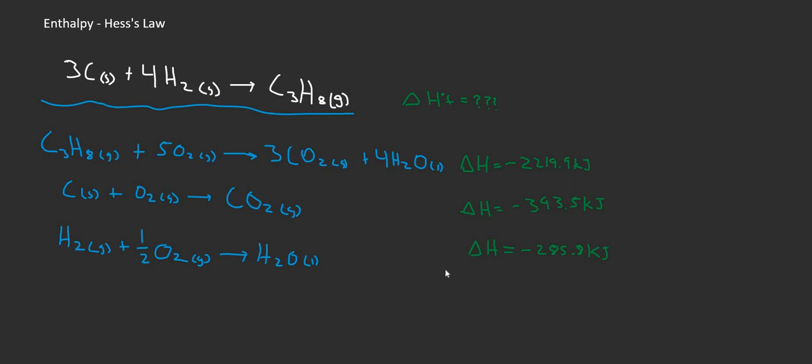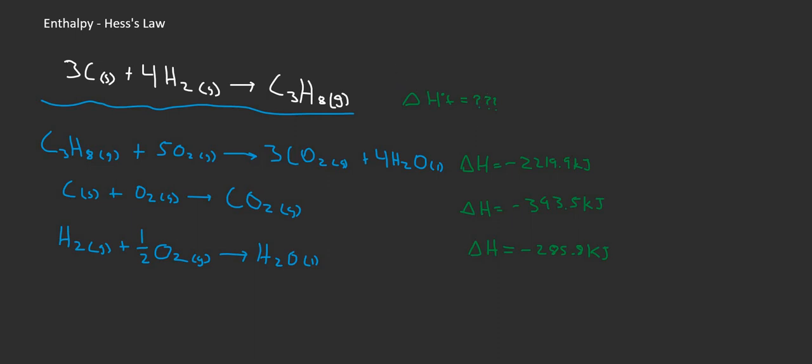So Hess's law is going to allow us to manipulate these three reactions up here, and by extension these three enthalpies of formation. We can add up those manipulated enthalpies of formation and we can get this answer right here.